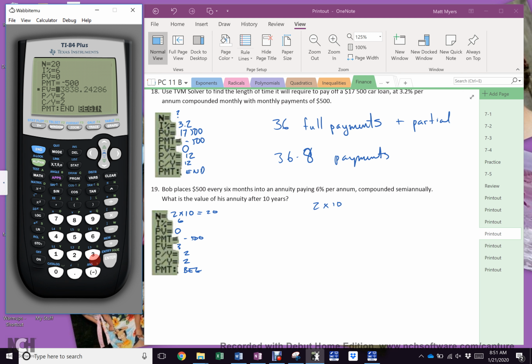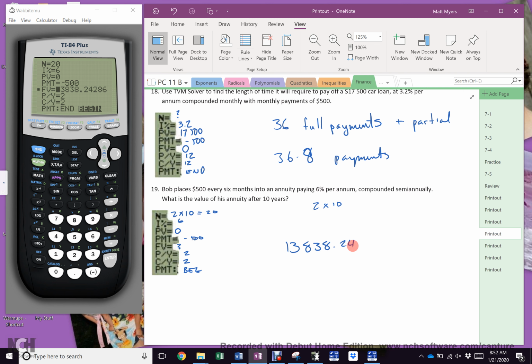Alpha solve. How much money will I have? $13,838 and 24 cents. Yes.